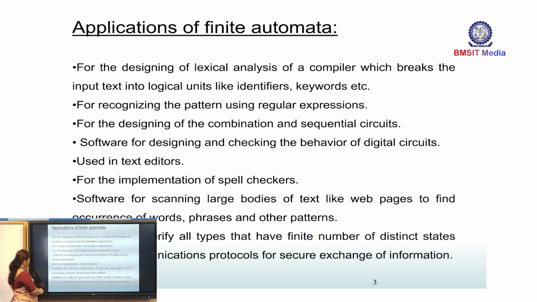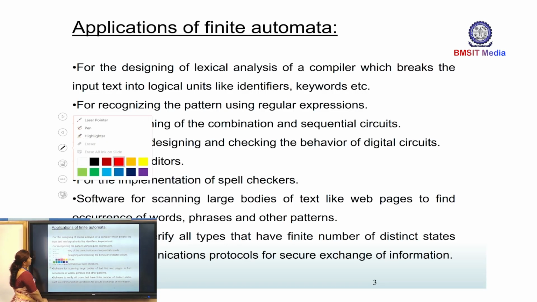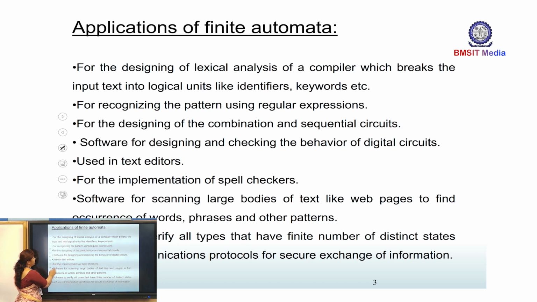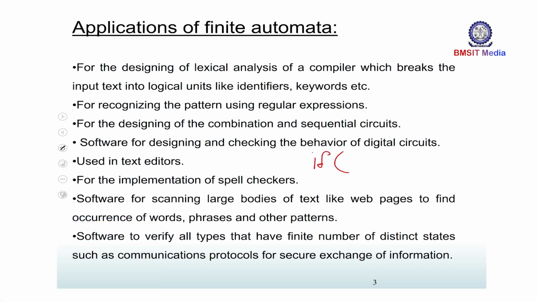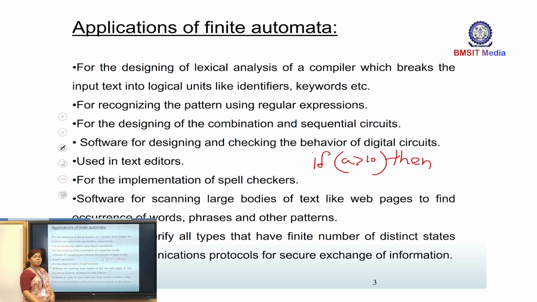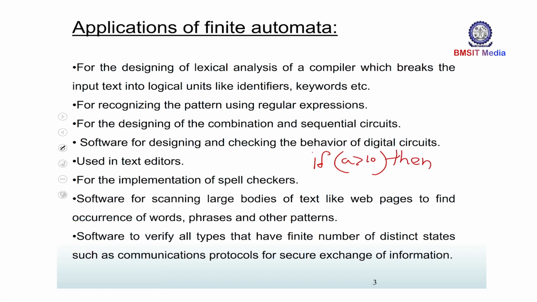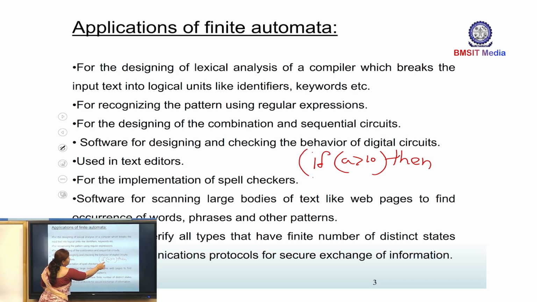For example, if you are taking a statement like if a greater than 10, then assume that this is one line of the program. Here, if will be considered as one particular token.